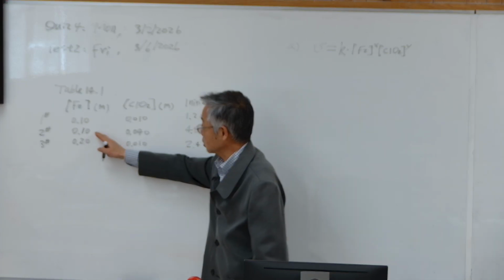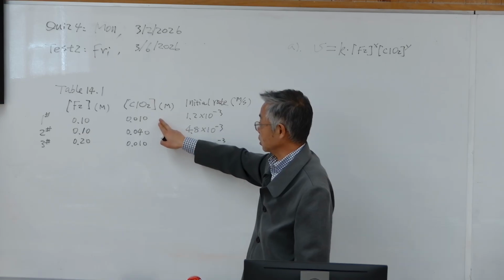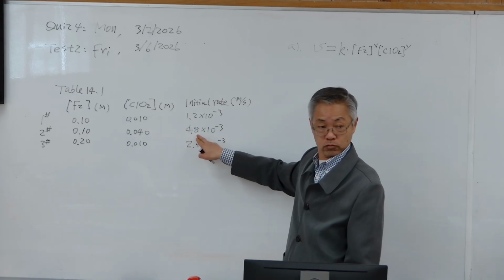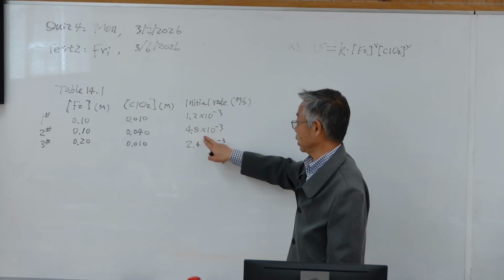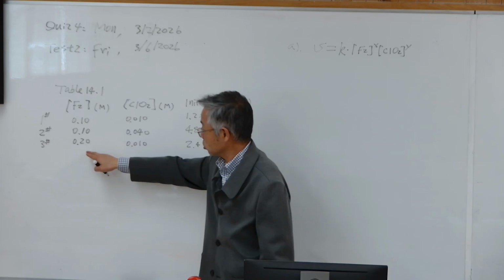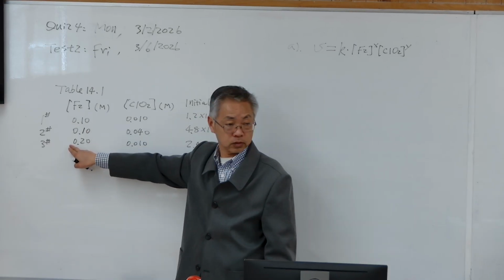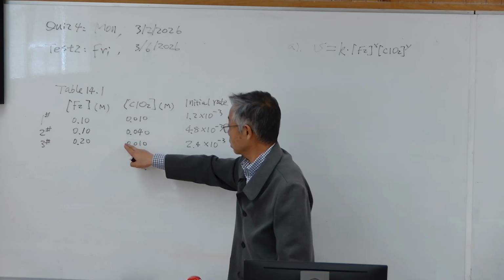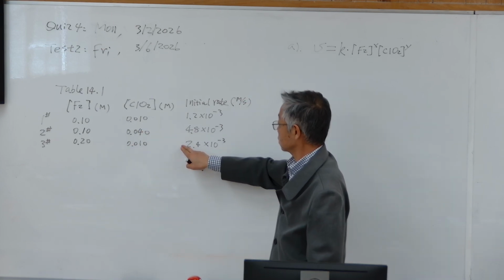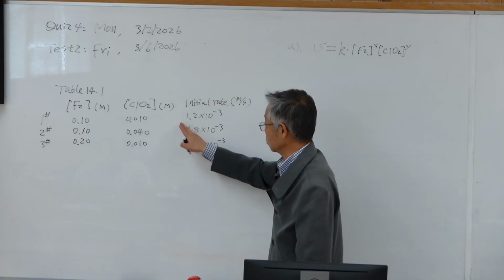The second experiment has the same F2 concentration, but ClO2 concentration 4 times higher. This time we find the rate becomes 4.8 times 10 to the negative third, 4 times higher, right? Experiment 3, compared with 1, has F2 doubled while ClO2 concentration didn't change, and the rate becomes 2.4 times 10 to the negative third. Compared with 1, it is double, right?